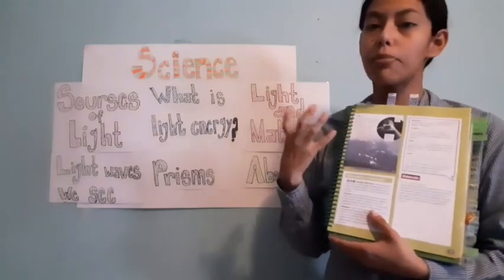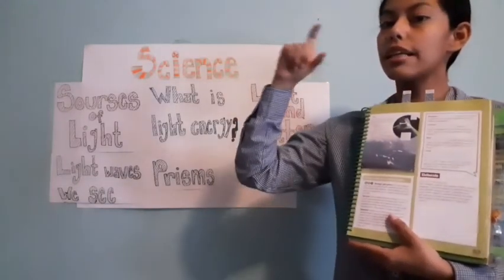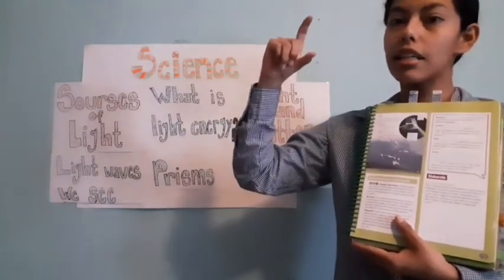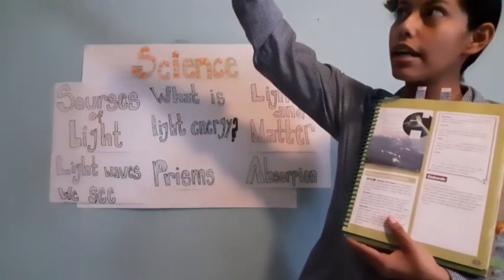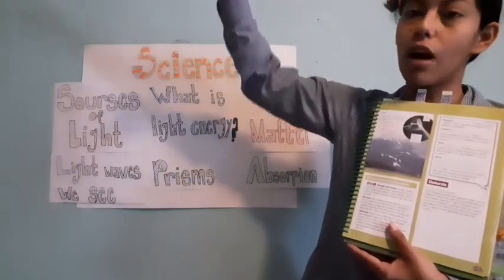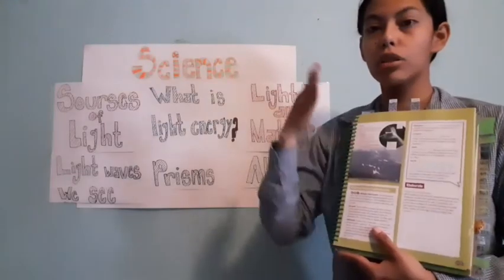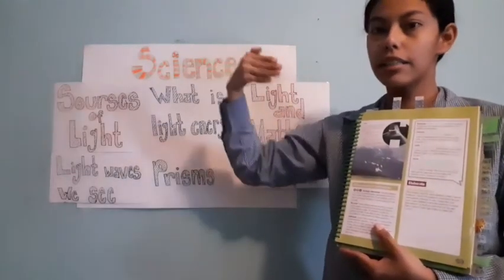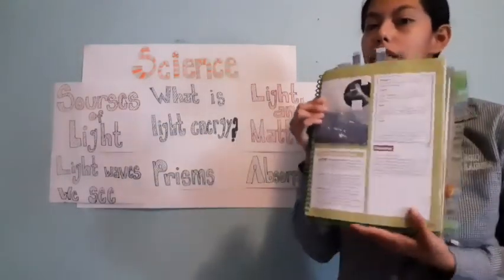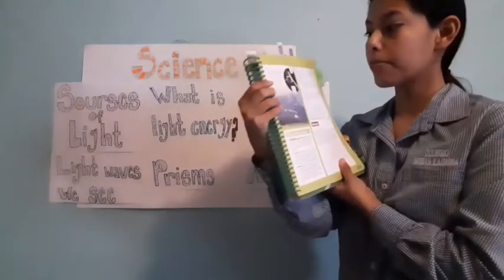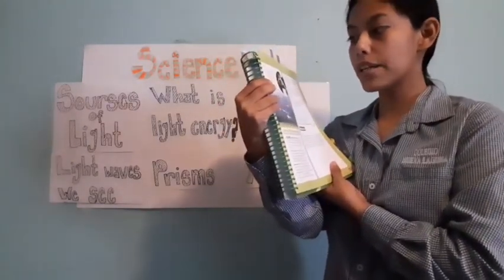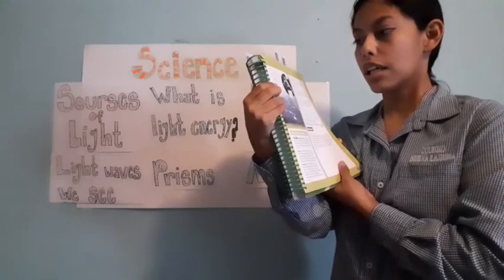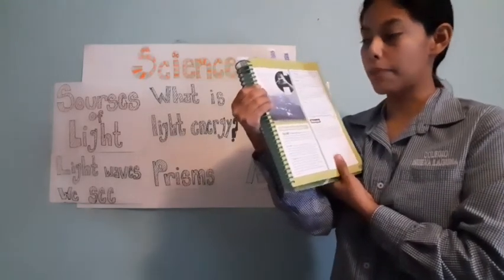What is a prism? The prism is a piece of glass that if you put in front of a white light, it's going to be able to divide the white light into the different parts of the spectrum. And a prism lets you see the colors that you have in the white light.